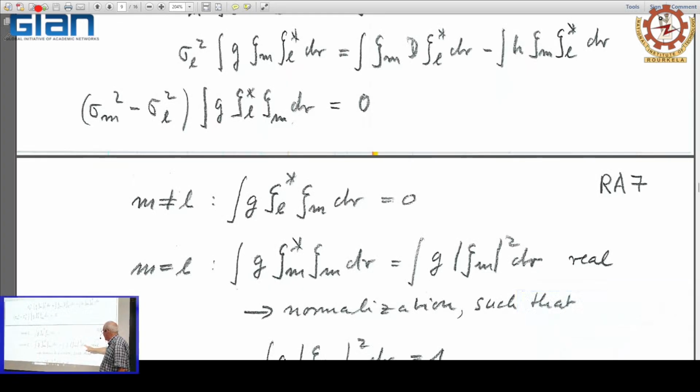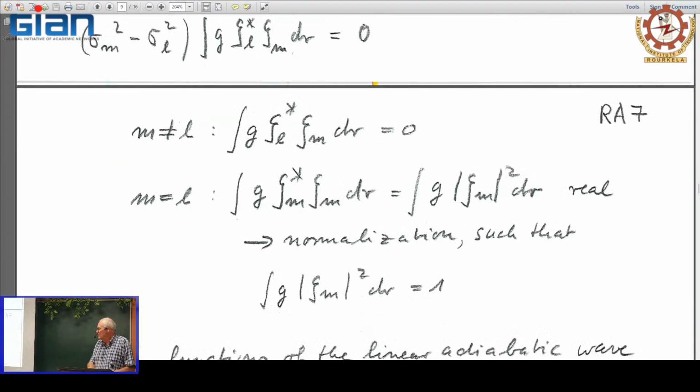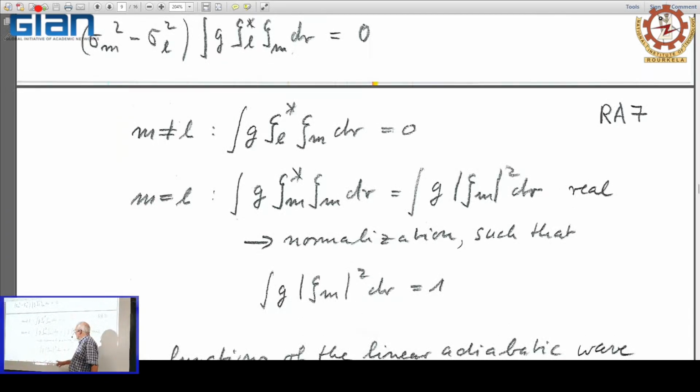Of course, this quantity is real, and this reality may be used for the normalization of our eigenfunctions, such that this integral is unity. So we can normalize our eigenfunctions in a way that the integral over the function g times the modulus of the eigenfunction squared is unity.